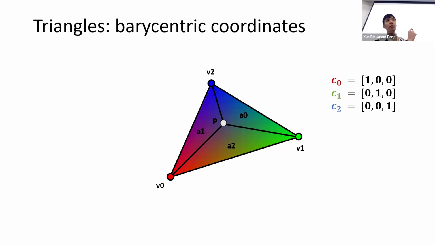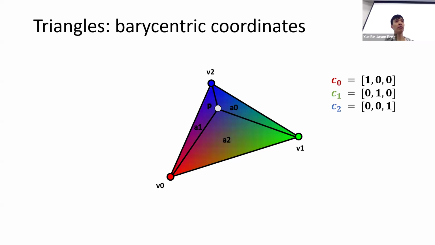So let's say I take my point P, and then we're going to move point P towards the vertex V2. The interpolation weight for every single vertex is given by the area of the triangle that's on the opposite side of P. So the weight of V2 is given by the area A2.